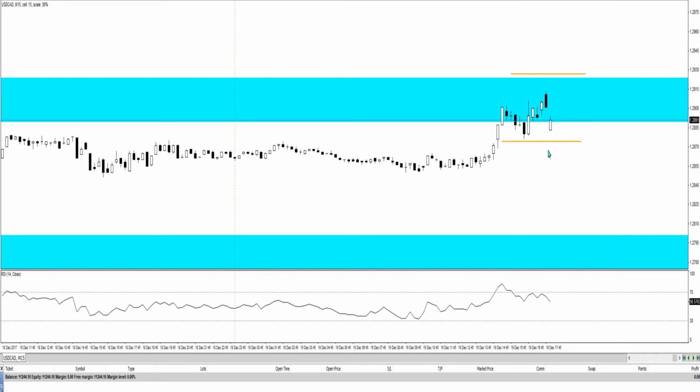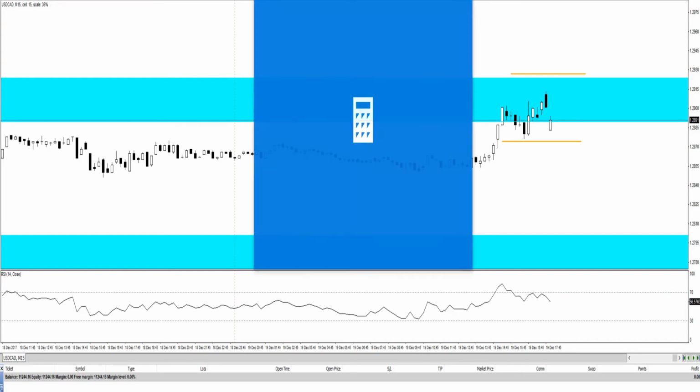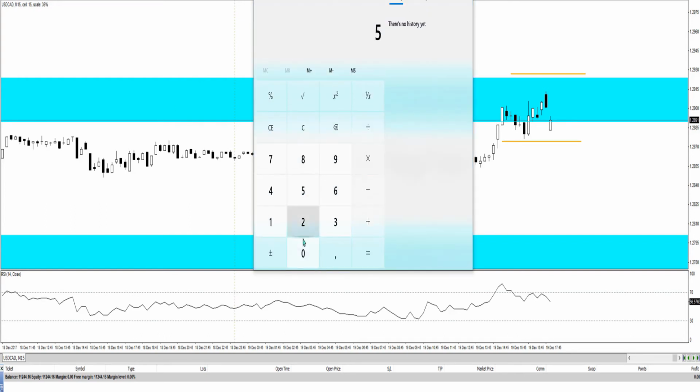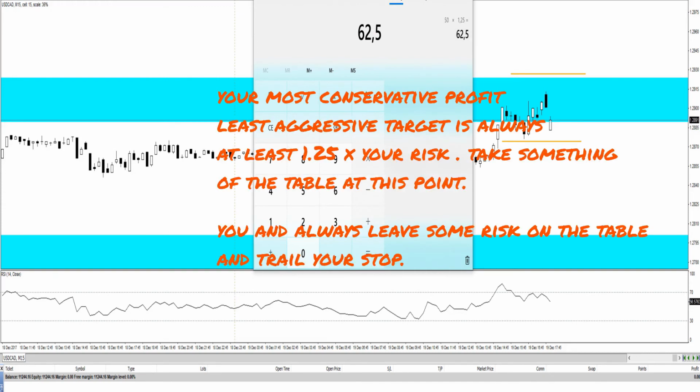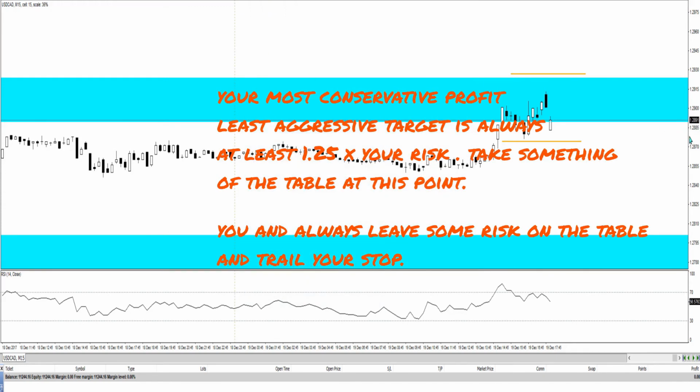Because you have a 50 pip risk area, what you do is this. You have your calculator and it's 50, and you multiply that by 1.25. So the least amount that you will take as a pip profit is 62 pips in this example.